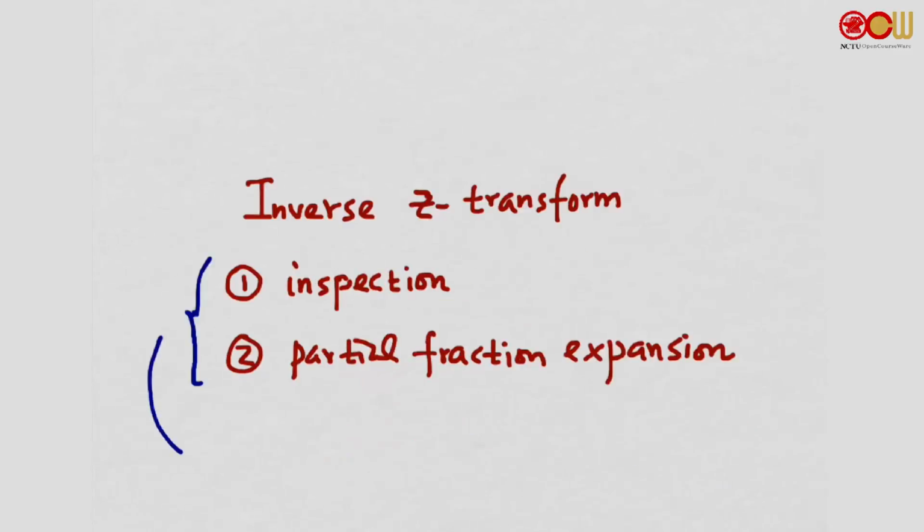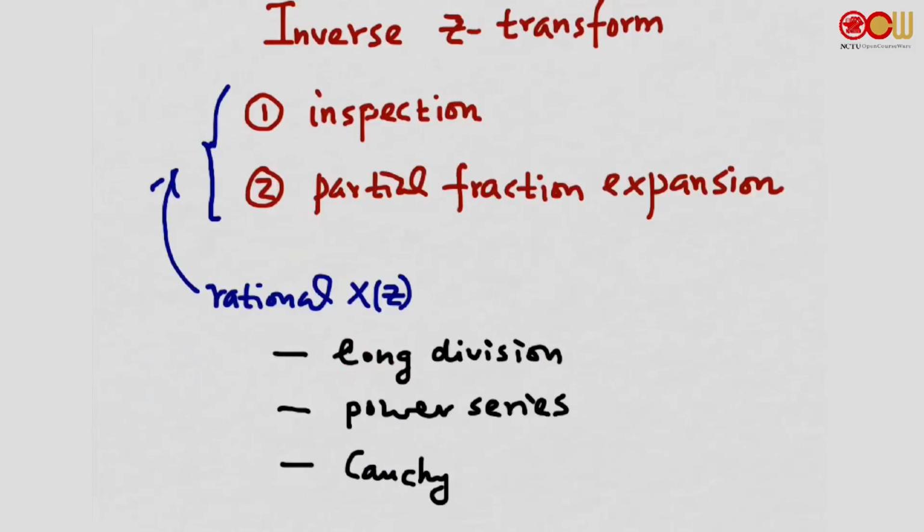Both of these two methods are for rational X(z). For non-rational X(z), long division, power series or Cauchy integral can be used. Of course, for rational X(z), we can also use long division, power series or Cauchy integral, but the inspection method and partial fraction expansion are the most convenient.